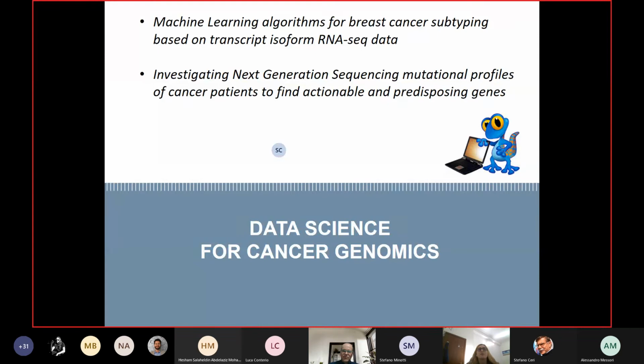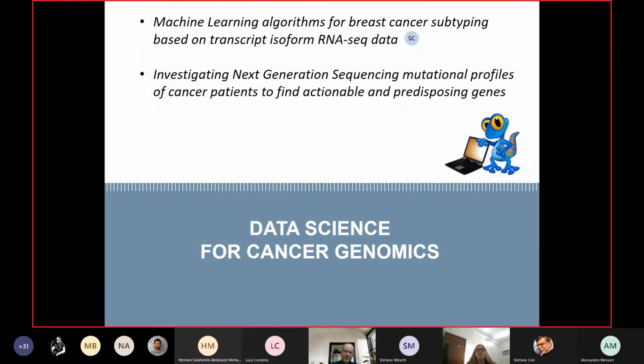Particularly the first one is focused on breast cancer subtyping. That was also the topic of my thesis, but is still a topic in the medical domain, connected with prognostically relevant patient stratification.